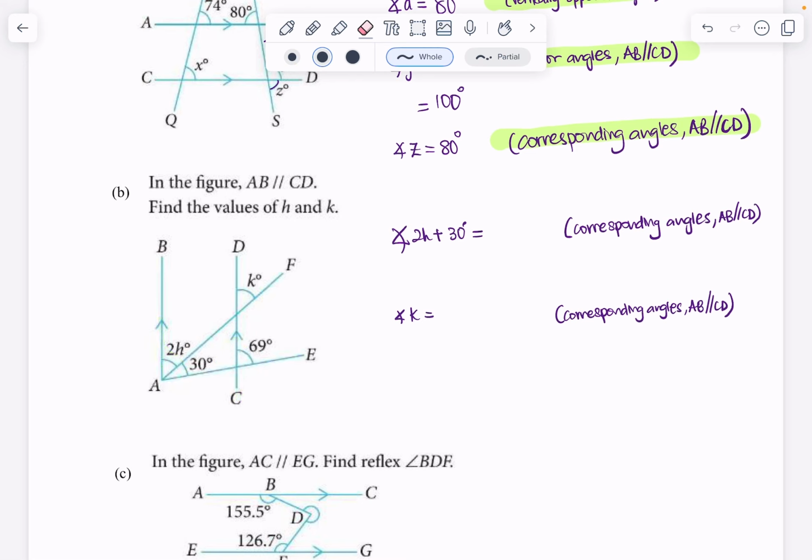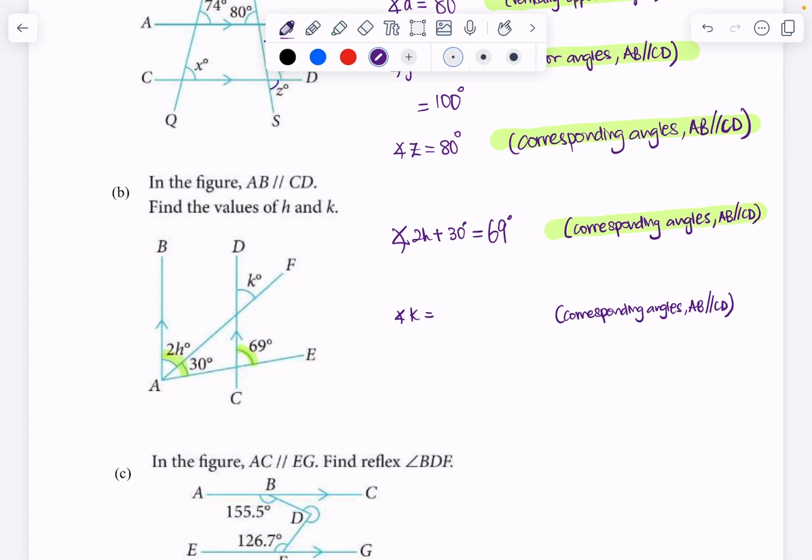So you will see that in the deductions we have made, what would be useful for solving for H will be corresponding angles. The angle 2H plus 30 will be equal to 69. How do we know this? Because of the corresponding angles property where the lines AB and CD are parallel.